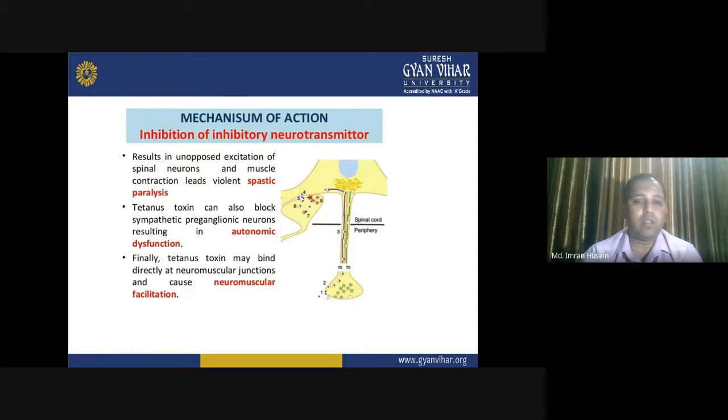Finally, tetanus toxin may bind directly at neuromuscular junctions and cause neuromuscular facilitation. So you can see that it blocks the signals at the spinal cord and periphery, and it is a very distressing condition when the patient is suffering with tetanus.